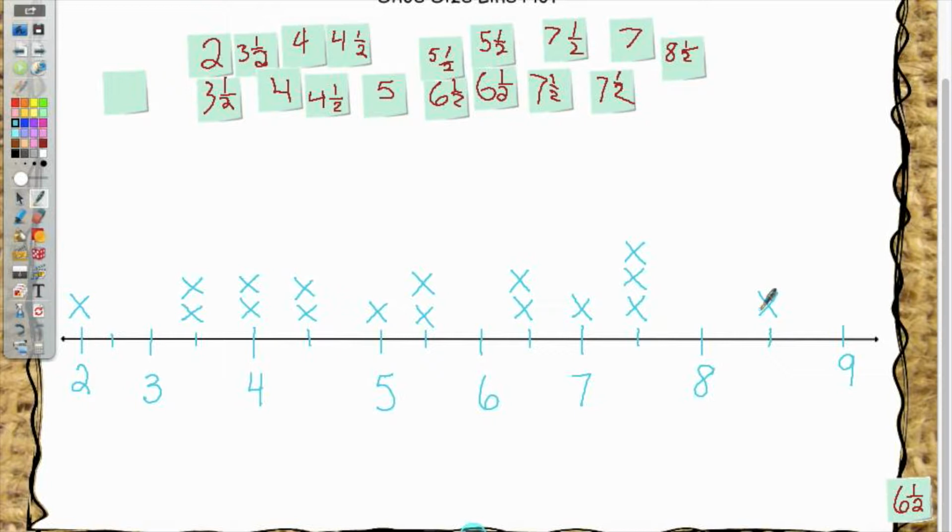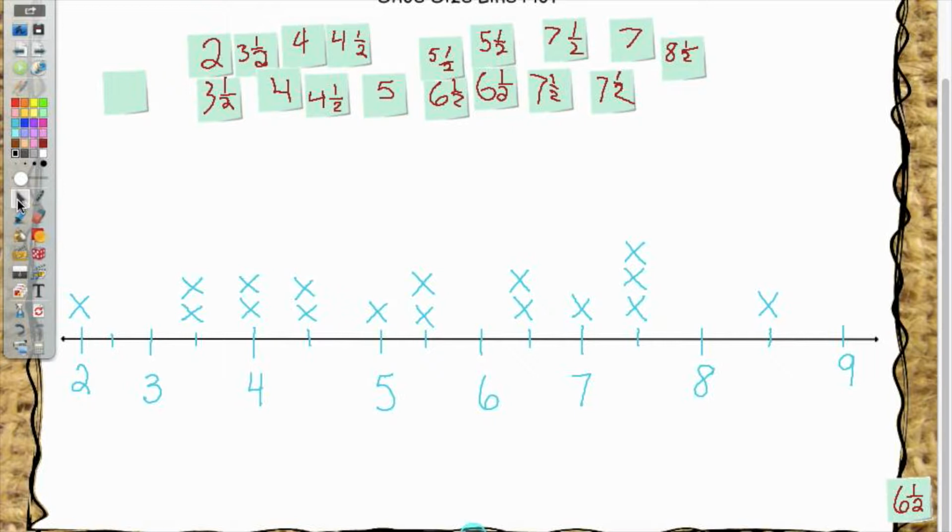Okay. All right. So now what we're going to do is talk about this data we collected. This is data or data, however you want to say it. And there are some questions you're going to have to answer. I'm just going to use some of them from the application problem. The first question says, what is the shoe measurement of the smallest shoe? 2.